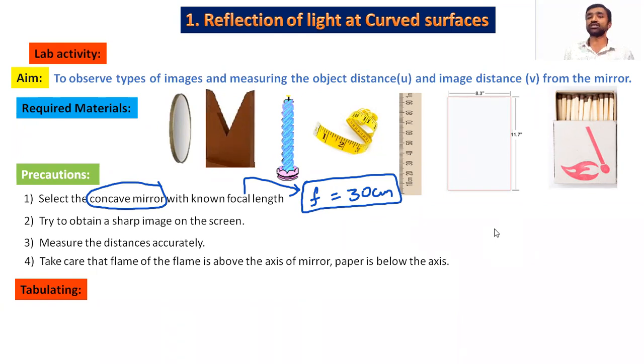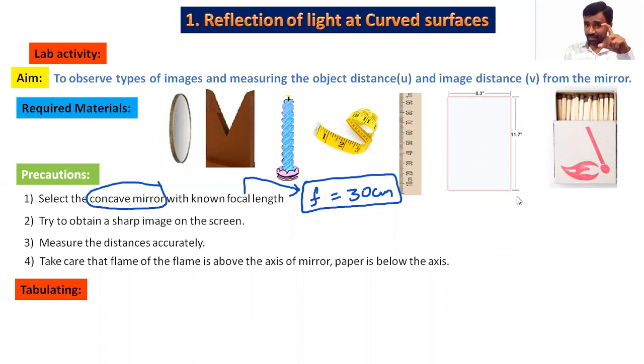In terms of distance, we write the position of the object in centimeters. Then for that respective position, the image obtained, we write in terms of distance, the image distance.